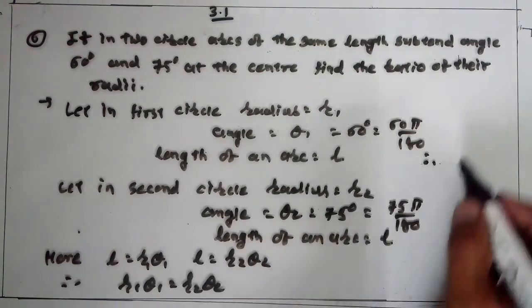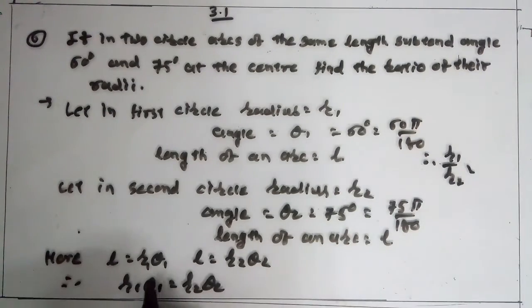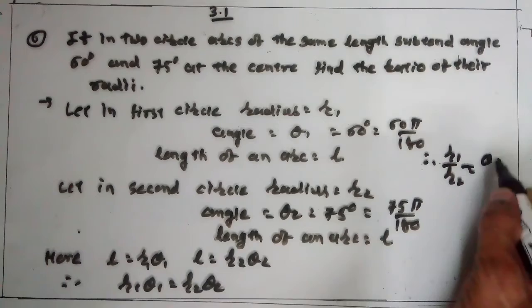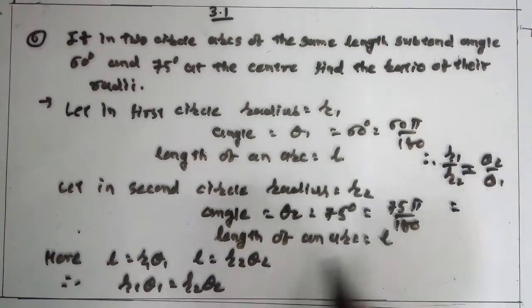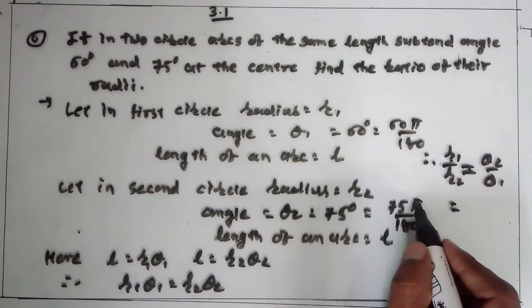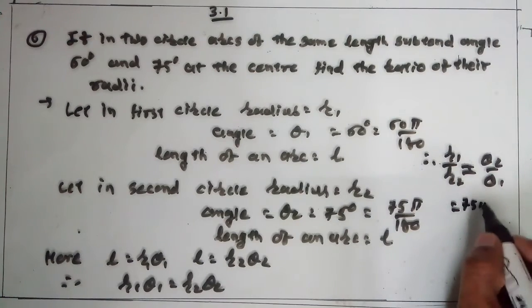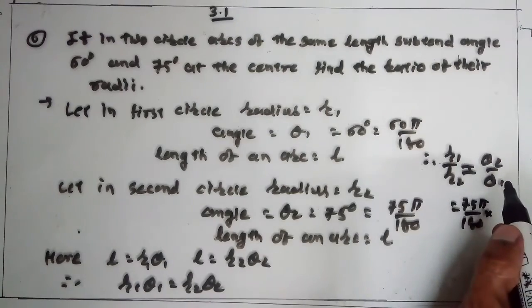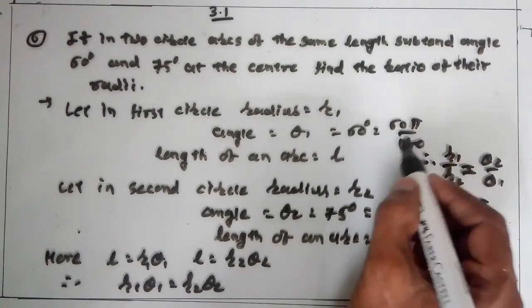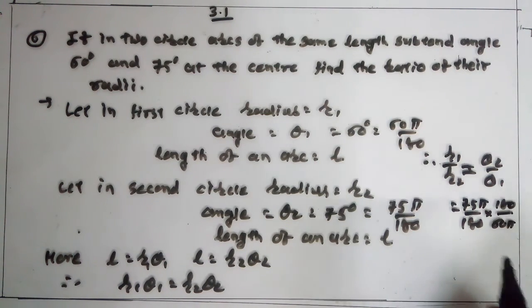Therefore, here we want to get the ratio of the radii. R1 upon R2 is equal to, taking theta 1 to this side, theta 2 upon theta 1. So it is equal to theta 2, which is 75 pi upon 180, divided by theta 1, which is 60 pi upon 180.